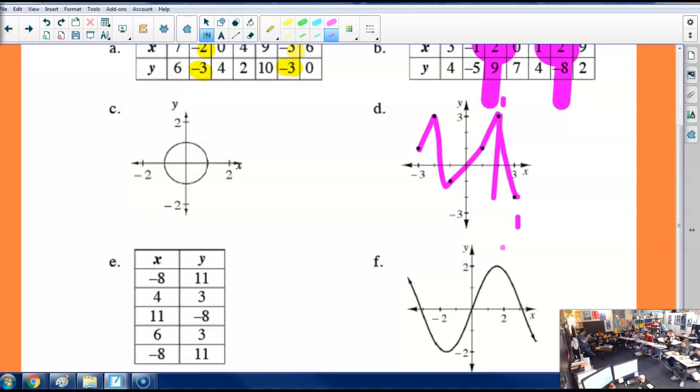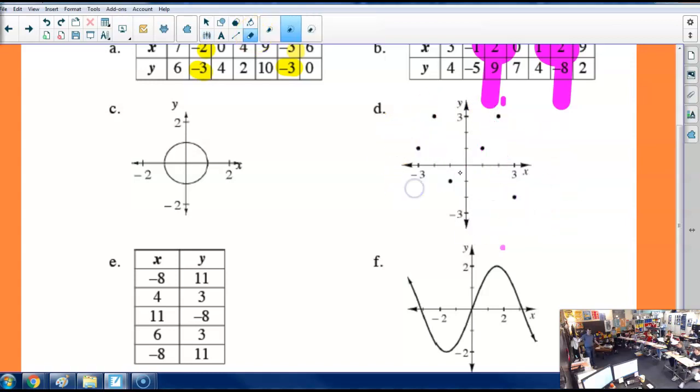There's no points that are stacked on top of each other. Horizontal lines are fine. So here's what Audrey's getting tangled up on. This is not a line. This situation is a scatter plot. It does not get connected. It's not meant to be connected. It's meant to be a scatter plot.